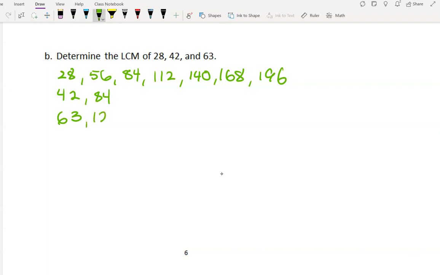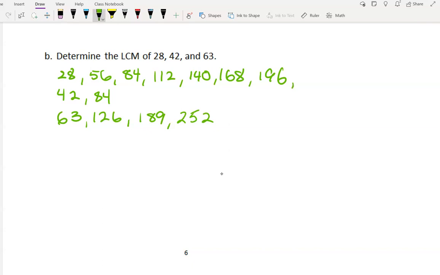Well, I can see that doesn't work for 63. 189. Oh, well, that's a little harder. Let's add 63 to this, and you get 252. Okay, that's a pretty big number already.